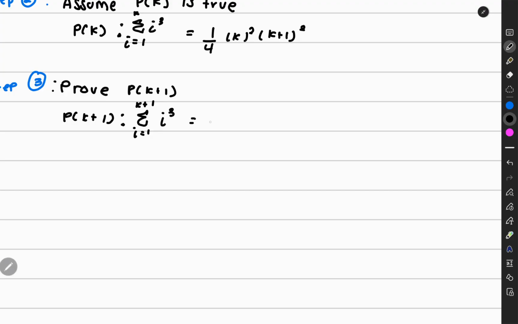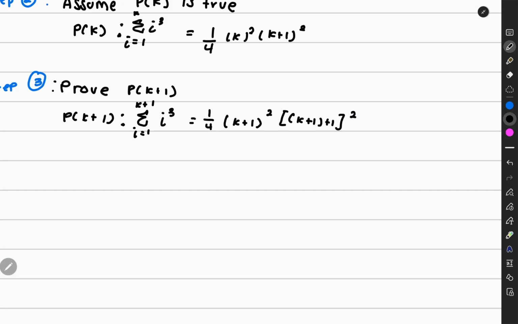So we have 1 over 4, then that will be k plus 1 to the power of 2 times k plus 1 plus 1, which is k plus 2, so that will be k plus 2 to the power of 2. So now can we prove that this statement P(k plus 1) is true?